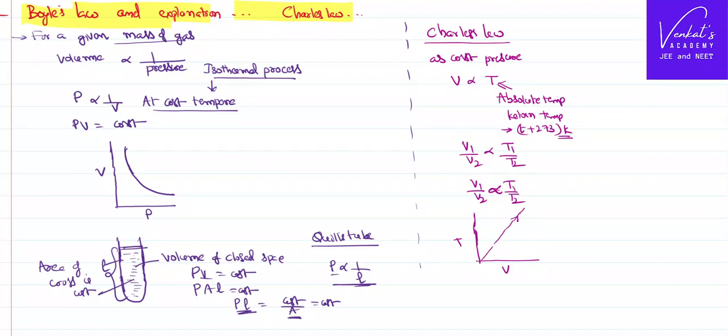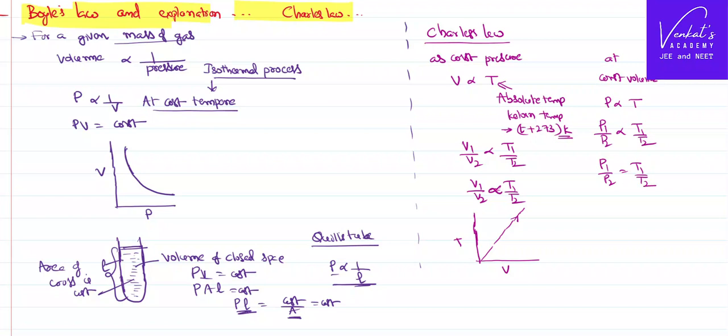And you can say it in another way also. What we can say is, at constant volume, pressure of a gas is directly proportional to absolute temperature. In that case, P1 by P2 is directly proportional to T1 by T2, or can also be written P1 by P2 equals T1 by T2.